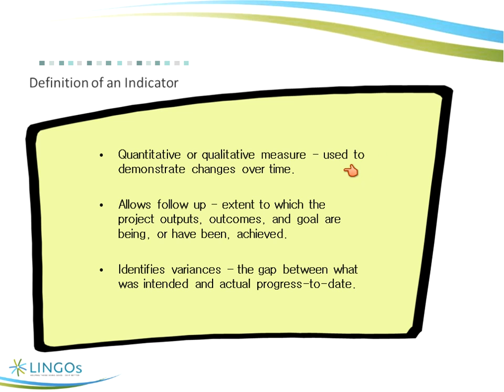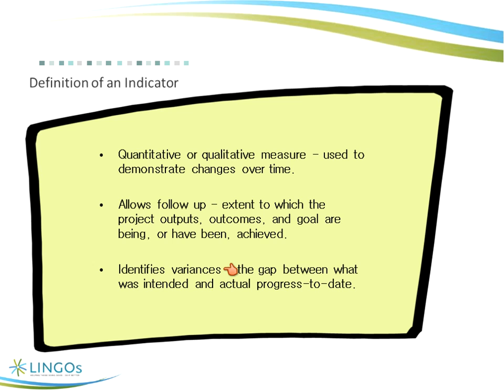another direction to try to increase either quantitative or qualitative, but depending on the project and the context, both are important. Indicators allow follow-up, the extent to which the project outputs, outcome, and goal are being and have been achieved. In other words, we can see our indicators of progress, indicators that we're producing the deliverables that we said we would.